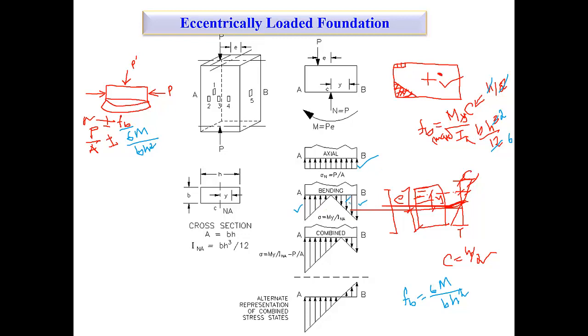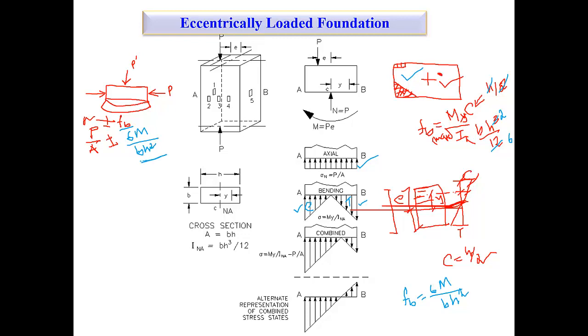This is tension, this is compression, right? So while we go for tension, we reduce, because compression is plus and tension is minus. Footing is a compression member, so that's why we consider compression plus and tension minus.